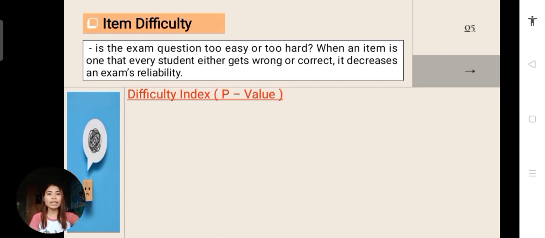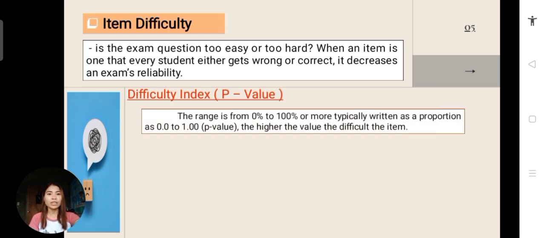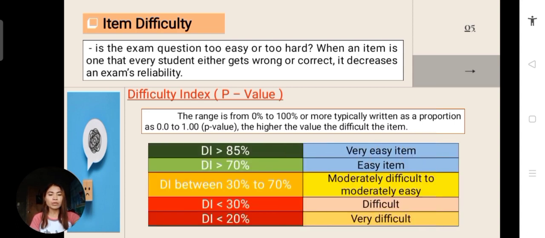So the difficulty index, or the p-value, has a range of 0% to 100%, or more typically written as a proportion as 0.0 to 1.00 p-value. So the higher the value, the easier the item. It can be interpreted using this criterion. If the difficulty index is greater than 85%, therefore it is a very easy item.